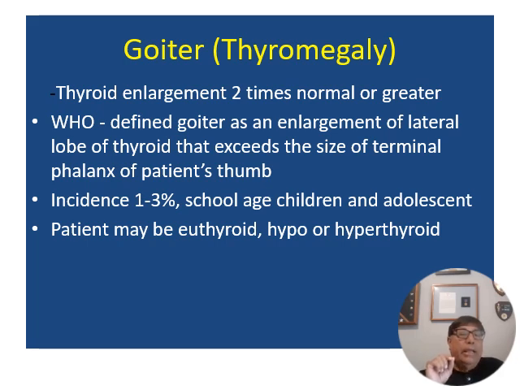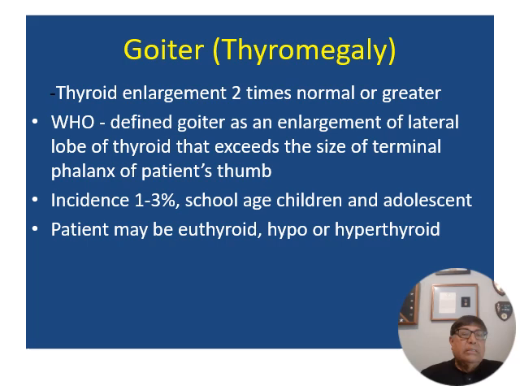The World Health Organization defined goiter, interestingly, as an enlargement of the lateral lobe of the thyroid that exceeds the size of the terminal phalanx of the thumb of the given patient. So whatever the definition, you should be able to see it. That's the main thing, that you can see the swelling of the neck.